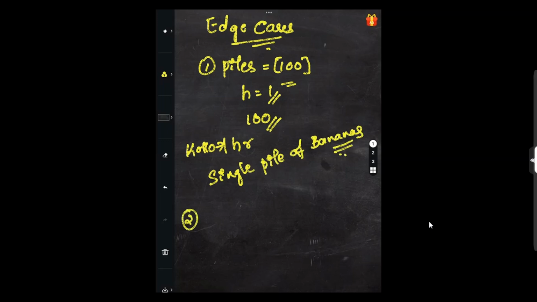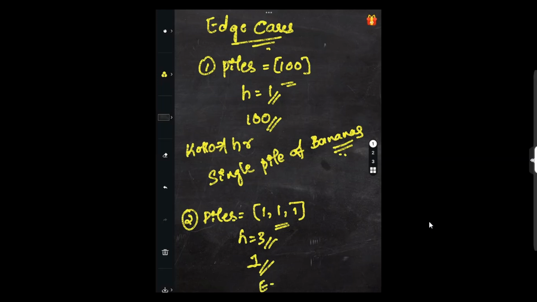Then let's move on with the second edge case, where each pile contains exactly 1 banana. For the piles of bananas I'll consider 1 1 1, and hours, let me consider 3. So the output will be 1. Why will the output be 1? The eating speed is 1 banana per hour.